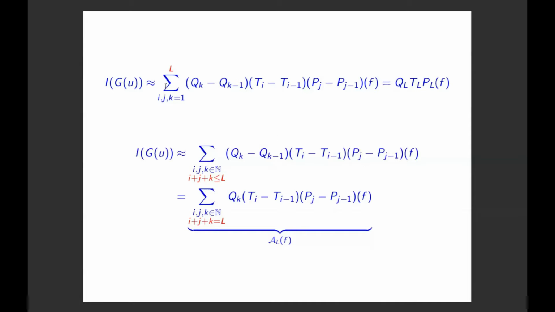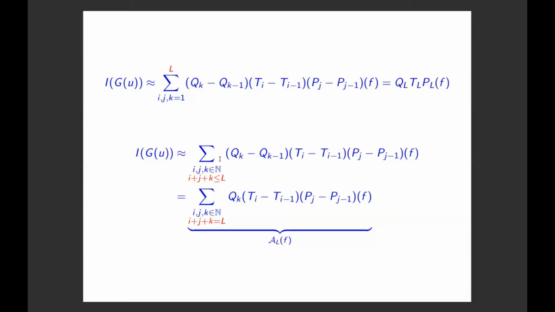One thing to notice here is, when the index increases, so say if the index k increases, then also the computational cost of computing Qk increases. And the same applies to the other operators. Ti, when i is large, then there's a higher cost associated with computing with Ti, and the same with Pj.